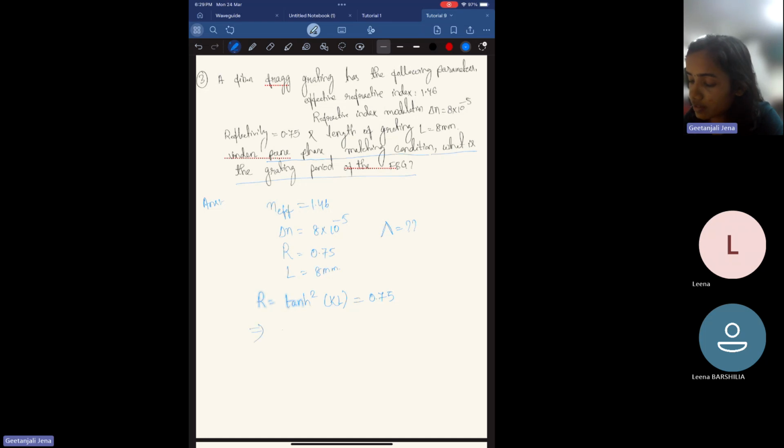So that means tanh of kappa L is the square root of R, which is the square root of 0.75.